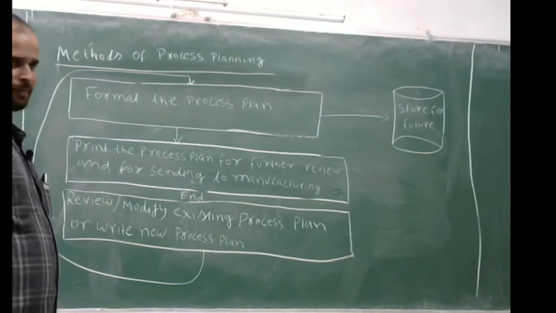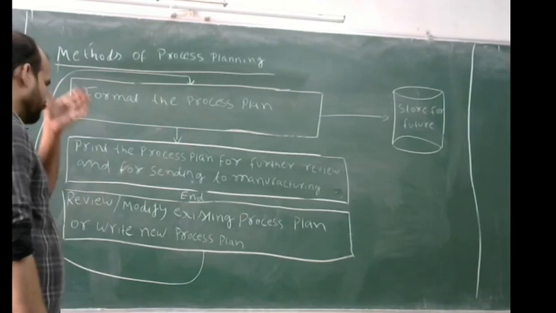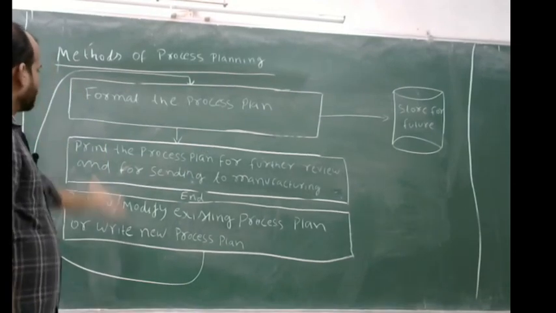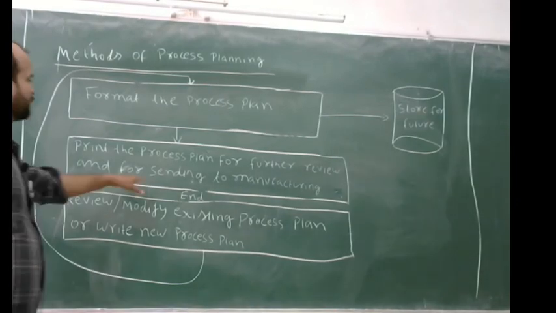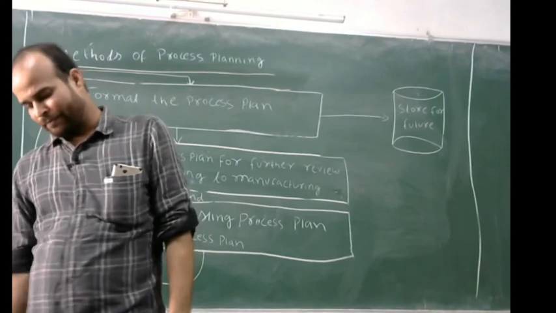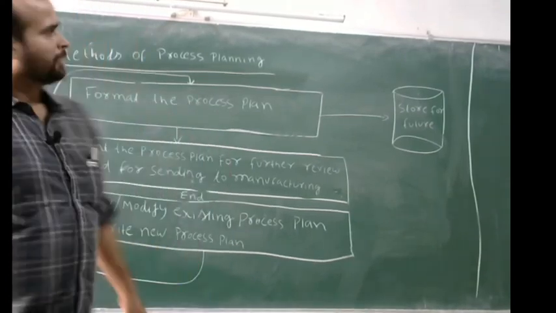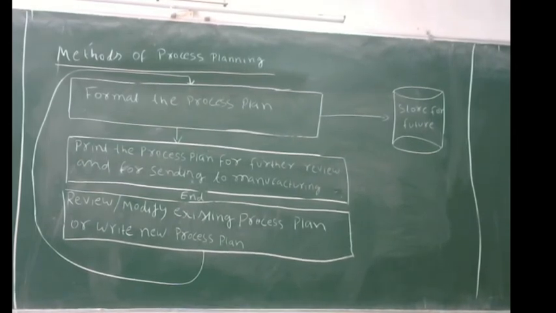And if there is no further review, the whole print of the process plan is sent to the manufacturing engineer. Okay, this is the whole process for computer aided process planning.